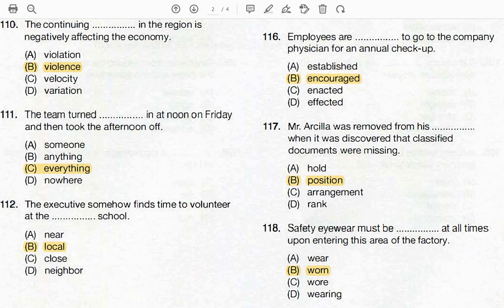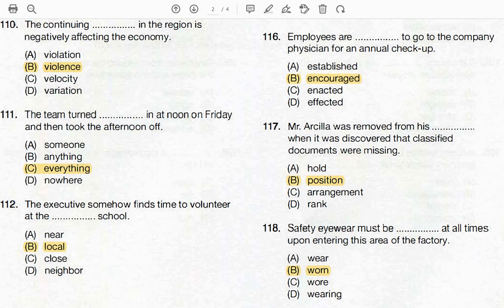C, arrangement, doesn't make sense in this sentence. How is that arrangement? Removed from arrangement? No. And D option, rank, a person cannot be removed from his rank.